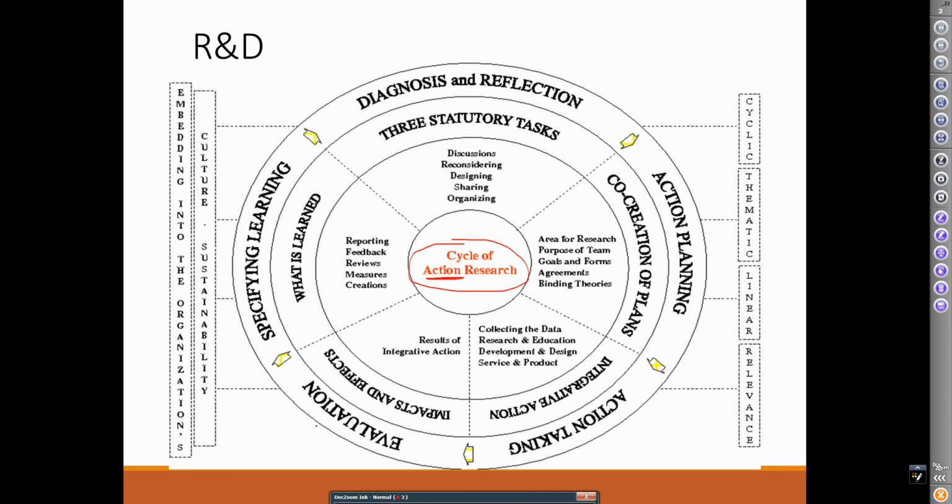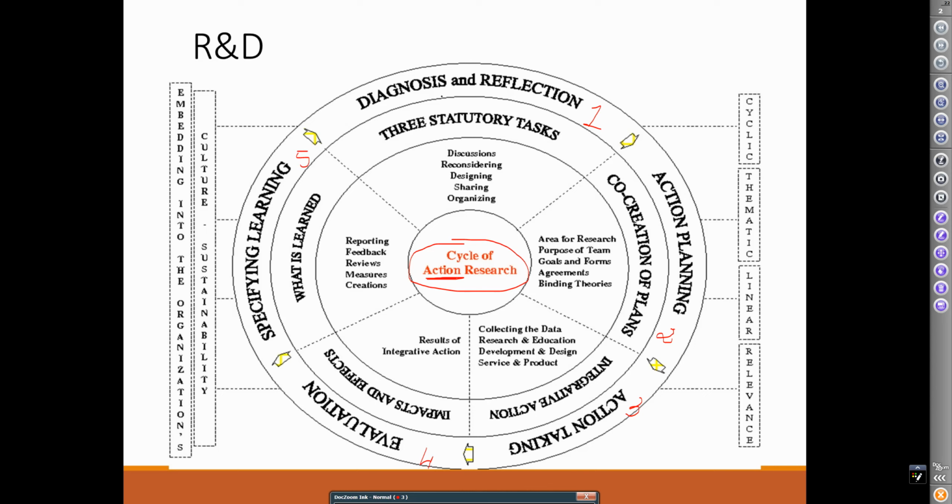So here that's why we have 5 areas: diagnosis and reflection, the first area; the action planning is defined as the second area; the action taking, the third area; the fourth, evaluation; and the fifth, the specifying learning.